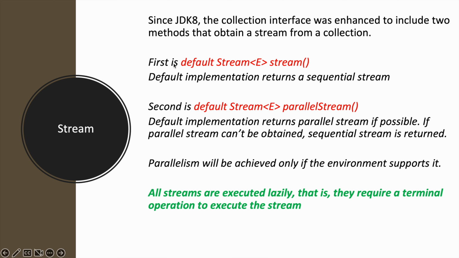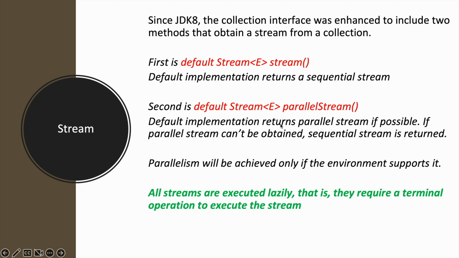We have stream, which is a default implementation that returns a sequential stream. Then we also have parallelStream, and the default implementation returns a parallel stream if it's possible. If a parallel stream can't be obtained, a sequential stream is returned.